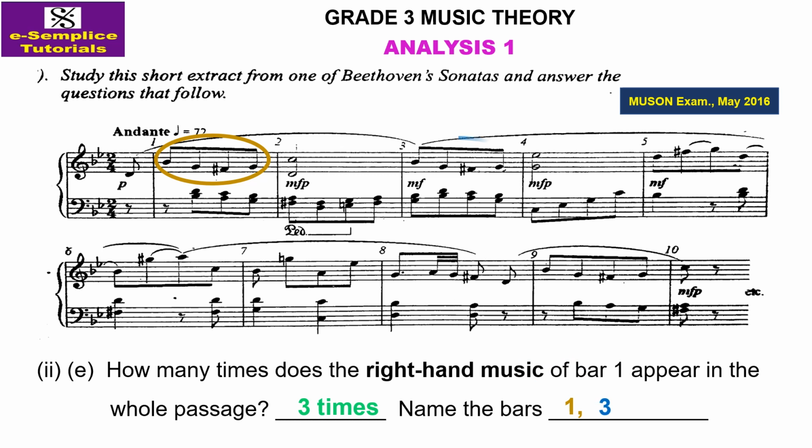Bar 3. As you can see, bar 3 has B flat, G, F sharp, and G. Which other bar? Bar 9. You still have B flat, G, F sharp, and G. So it appears in this passage 3 times.